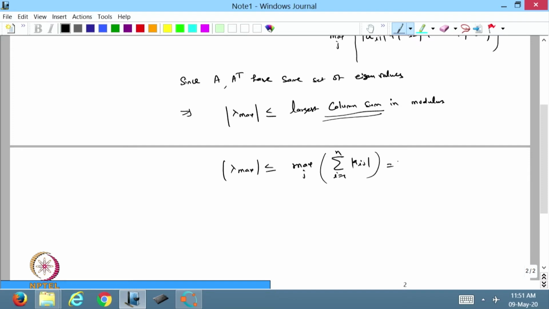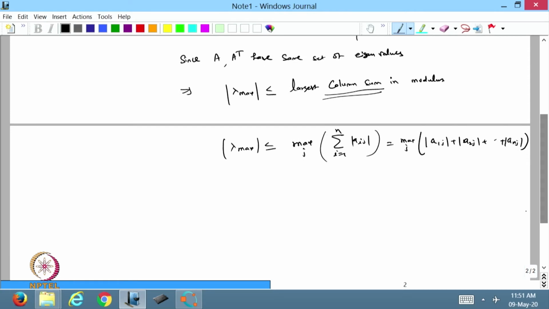You can write that this is the maximum over j of |a_1j|, |a_2j| up to |a_nj|. That is the column vector we are taking and then we are finding the maximum of all these. So, that is the largest column sum.